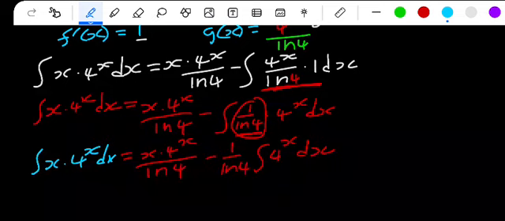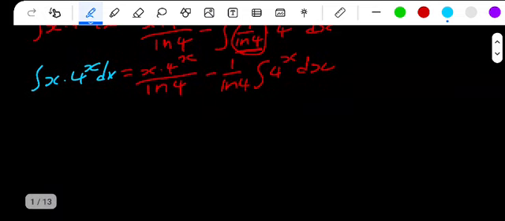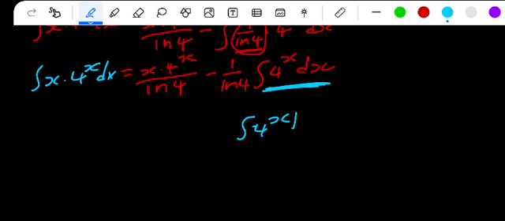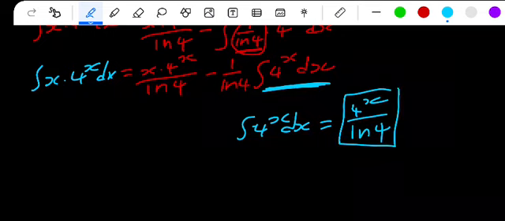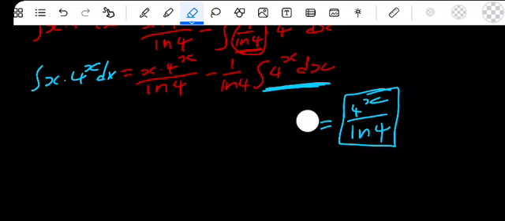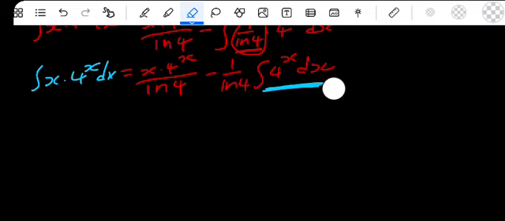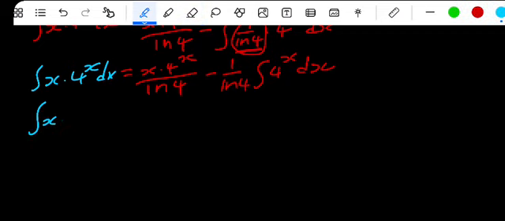So we're supposed to integrate this. If we integrate these, we have seen that the integral of 4^x dx will be equal to 4^x over ln 4. We still have the integral on our left hand side.